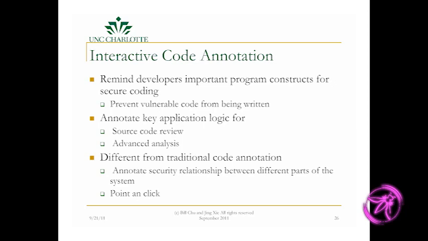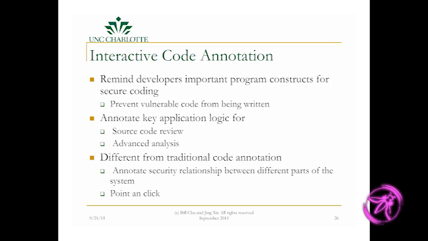So the kind of annotation we're talking about is interactive annotation. First of all, it's not text-based. The focus is not about asserting something about a piece of code, but about security relationships between different parts of the code, which is very different from traditional annotation, which just talks about locally what this piece of code does. And we envision it to be entirely point-and-click based, so no extra syntax or anything like that is needed. So this is what we're talking about.